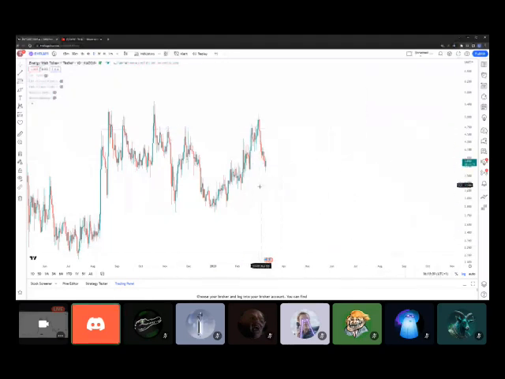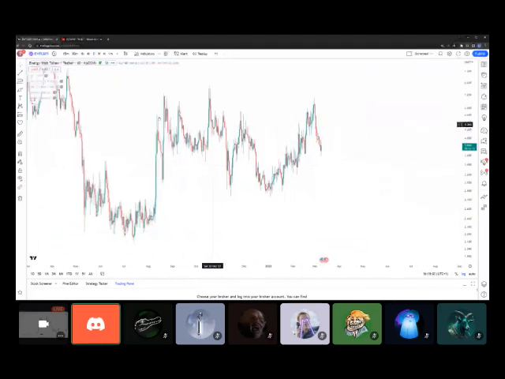So the most important liquidity levels are the areas where the big swings happen. So the big movement. This is a big movement towards the upside. This is a big movement towards the downside. And as you can see, price shows a reaction.